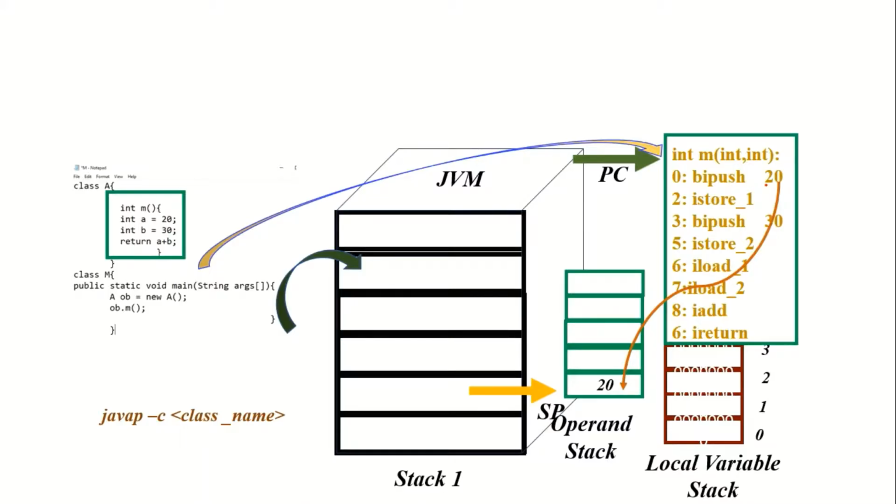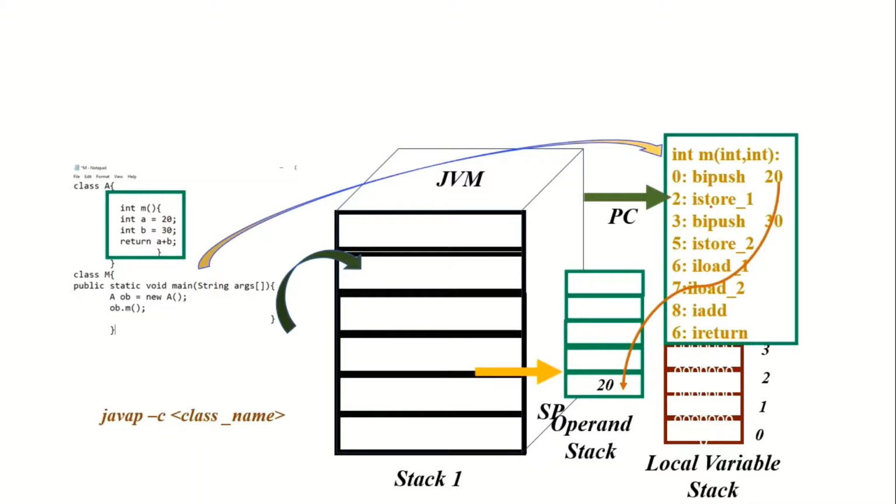The meaning of this is push the value 20 into the operand stack. Then the stack pointer is incremented by 1. After that, the program counter comes to the second line. Now why do we have 2 after 0? Because here I am considering the size of the integer as 2 bytes. That's why after 0 we are getting 2.